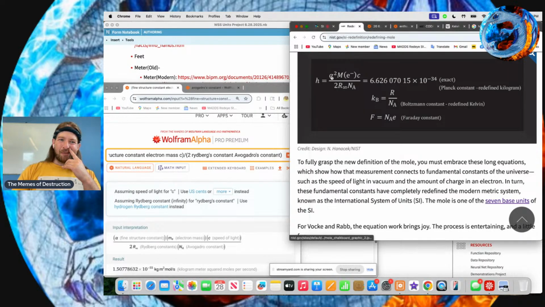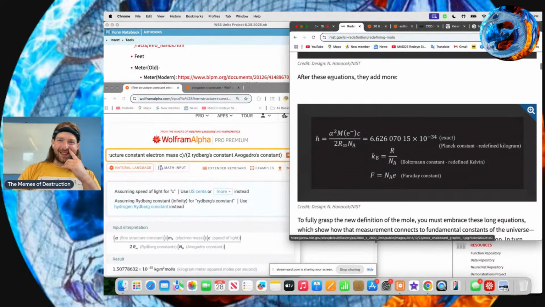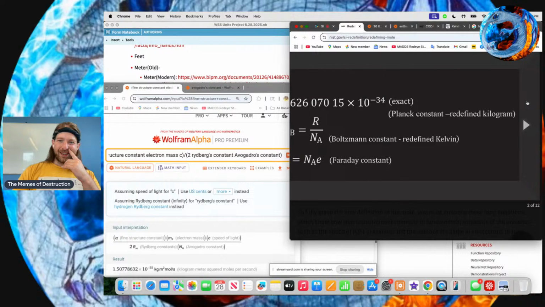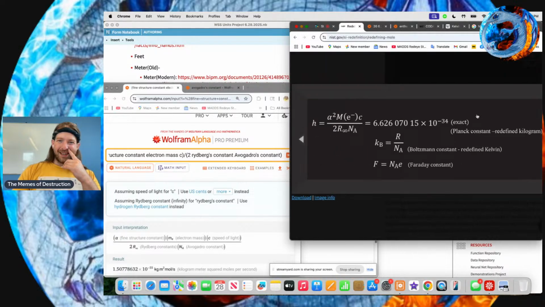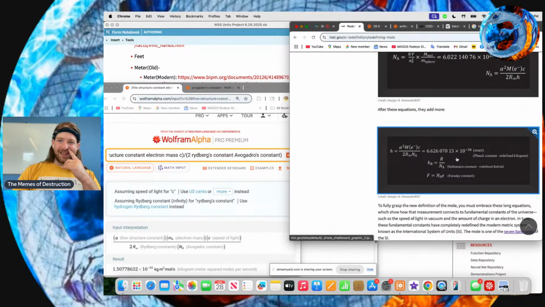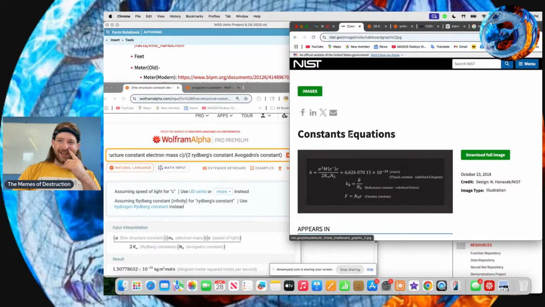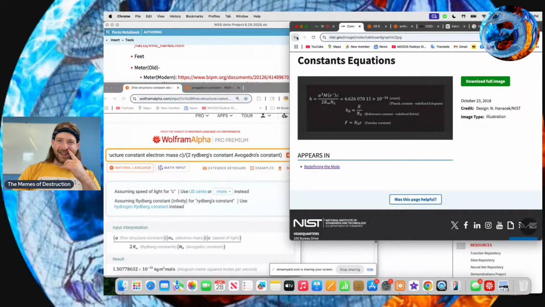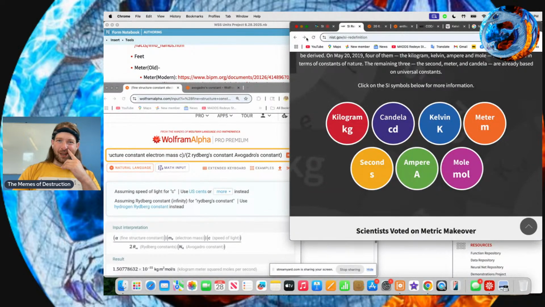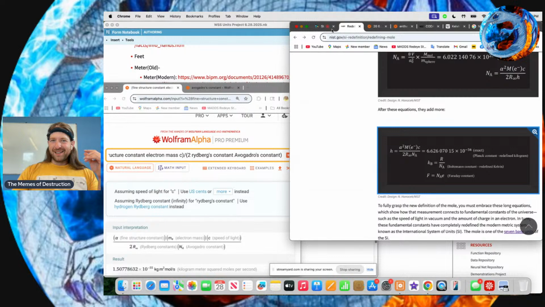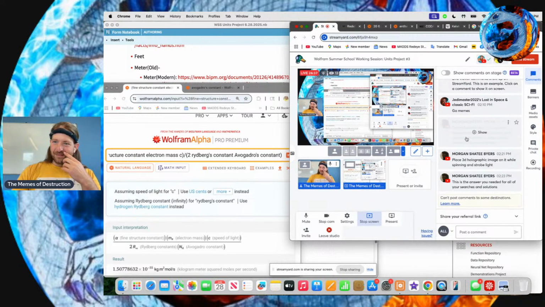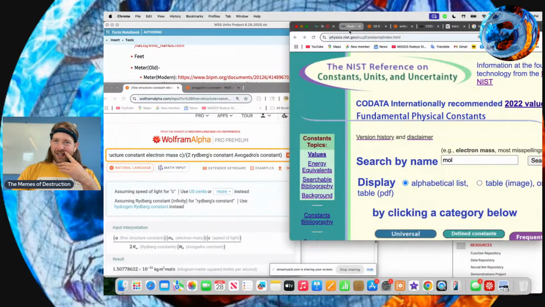Unless that's the alpha particle squared? No. Hold on, let's actually read. Why does it give us... Hold on, does it give us anything? Okay, it appears there, redefining the mole, blah, blah, blah. Let's see. Okay, go back.